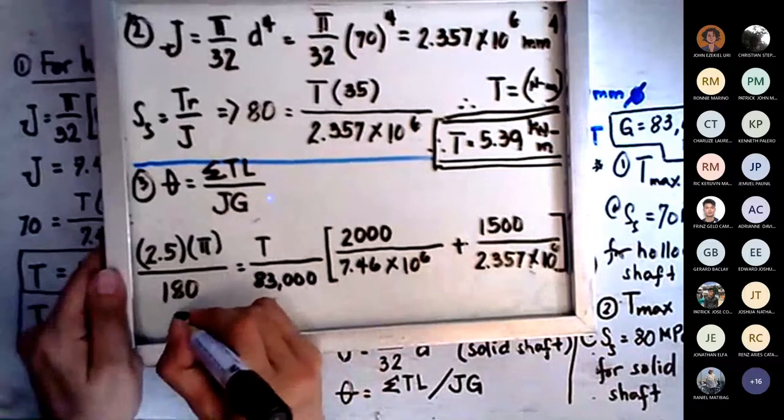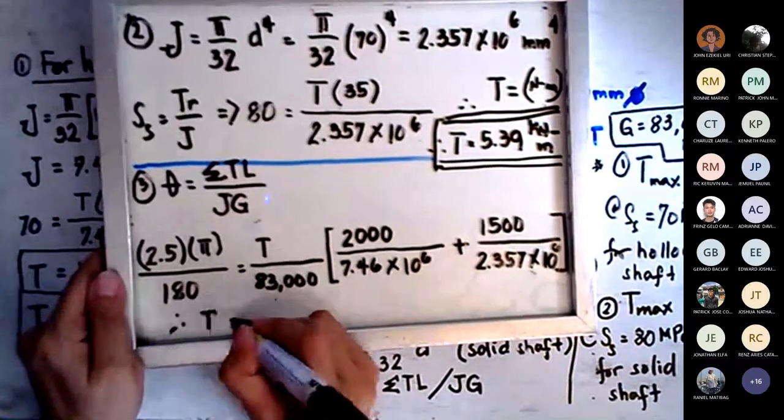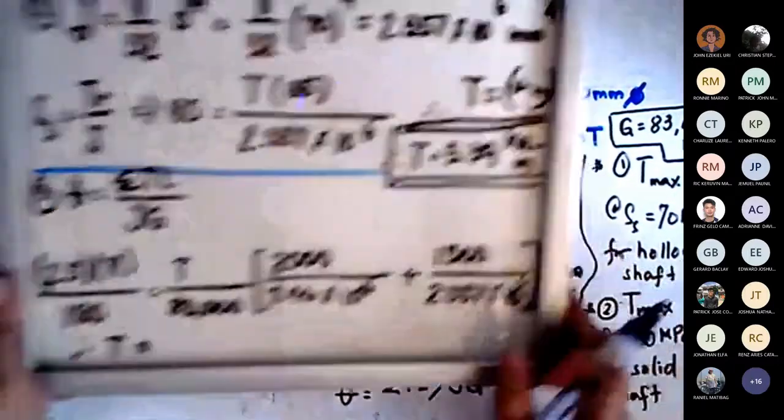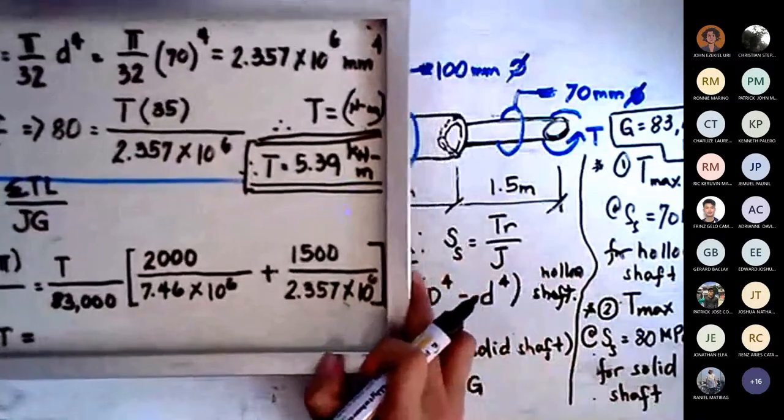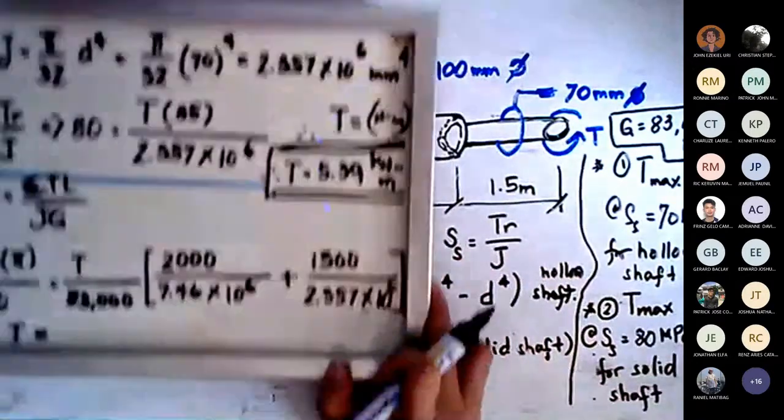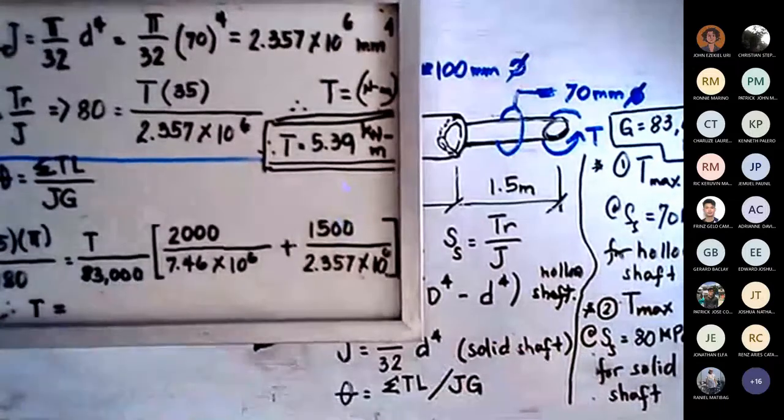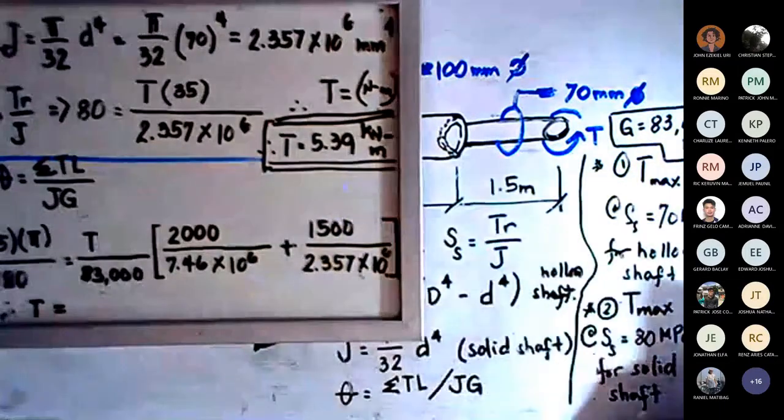So, pwede na nating makuha ngayon yung value ng torque. And that will be our answer for question number 3. Let us find out kung ano yung value ng torque na yan.